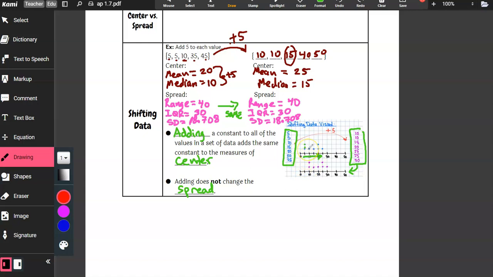It went up by 5. Let's do one last one where we consider what happens if you multiply. What happens if you multiply?